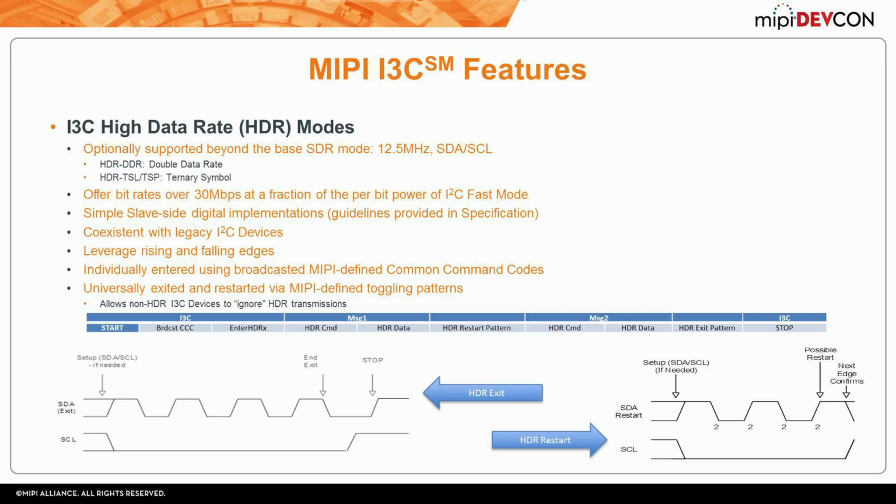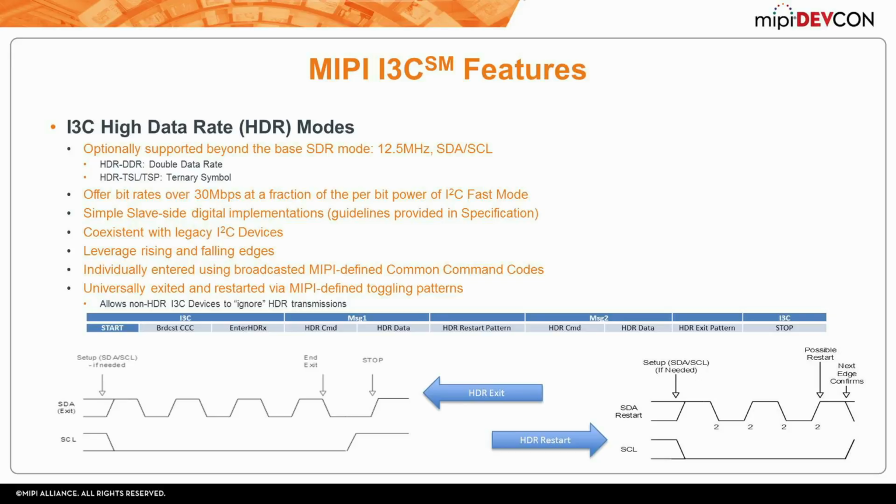So we have some standardized ones that come along with it. And those are DDR, so double data rate, and then a ternary symbol transcoded mode, which kind of split into two, one in the event that you have legacy devices on the bus, and one when you have a pure bus, as we would say, where it's only I3C.